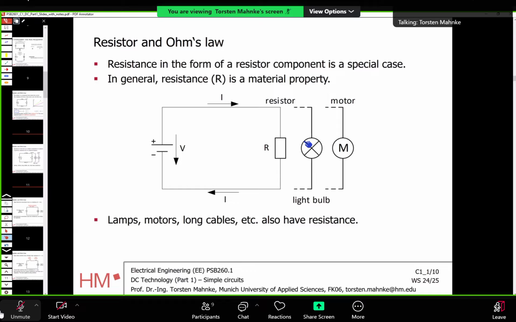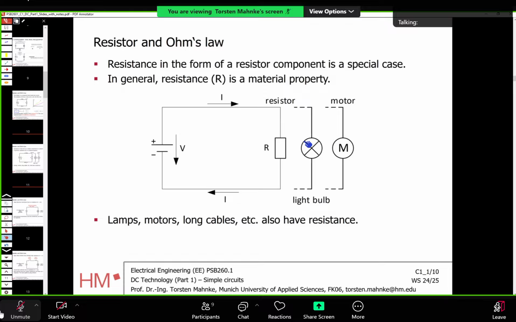This little filament in the light bulb, of course, has a resistance. And at least when the light bulb lights up, when it's glowing, then it's a pretty high resistance. So there's also temperature dependence. When it gets hot, resistance may be higher compared to when it's cold. We will talk about that later on, not today, but maybe on Friday or next week.